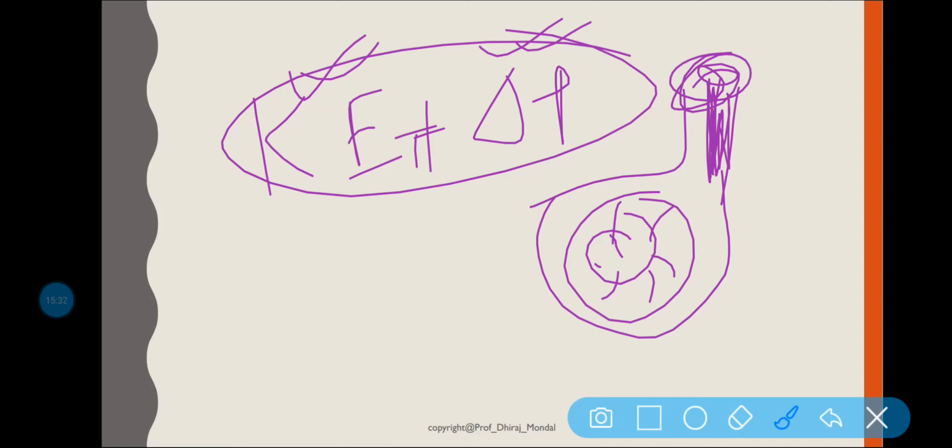As the water flows through the runner, a part of the pressure energy goes on changing into kinetic energy. That means whatever pressure energy is available at the inlet of the turbine is basically changing into kinetic energy. Kinetic energy and pressure energy are both involved at the inlet of the turbine.